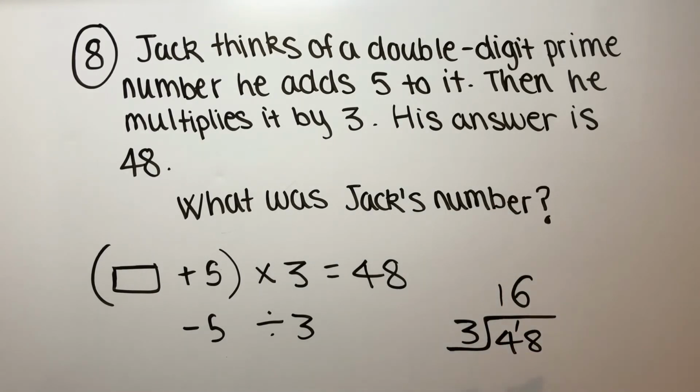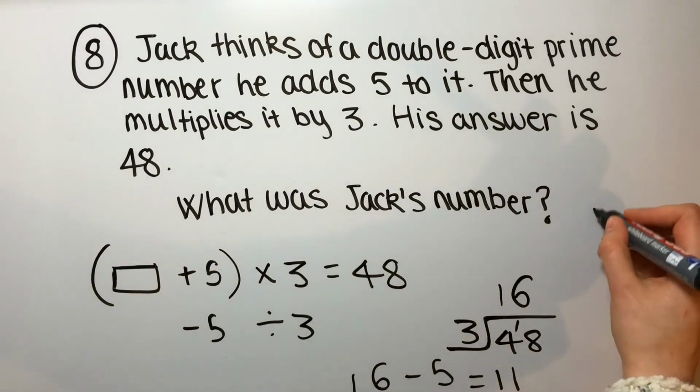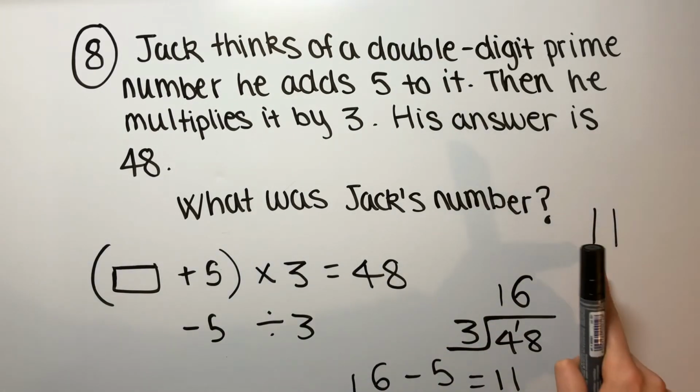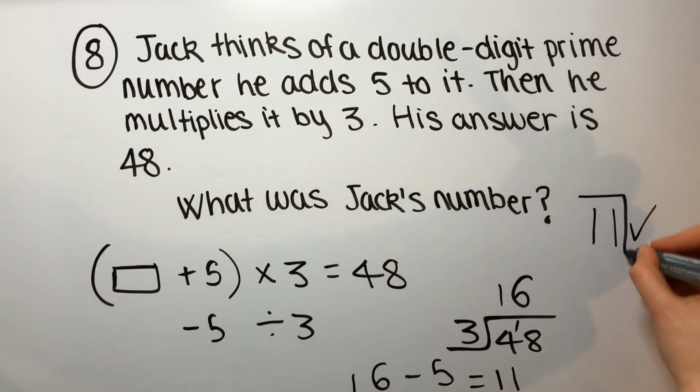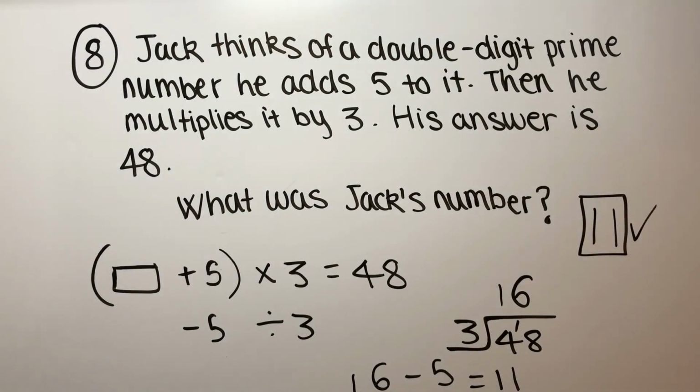So we've got 16. Now we're going to minus 5. 16 minus 5 equals 11. Jack's number is 11. And just to check, is 11 a prime number? Yes, it is. So 11 is the correct answer.